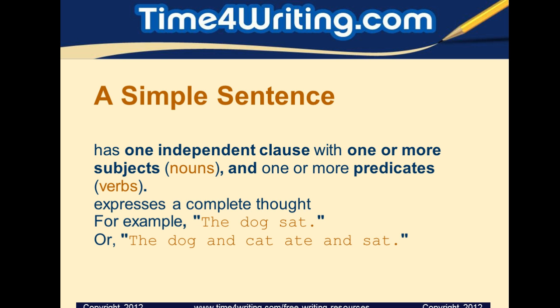Sat is the predicate, right? Well, a simple sentence can also have two subjects and two predicates, or two verbs. So, "The dog and cat ate and sat." This is still a simple sentence. You just happen to have two subjects and two verbs. So this is the first one that I really wanted to draw your attention to, because this is one that many of you got tripped up on.